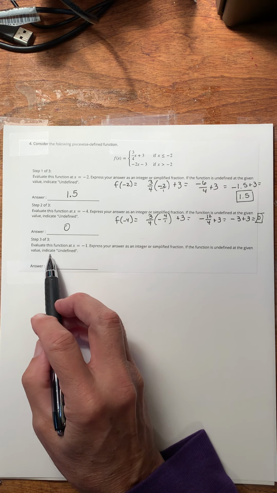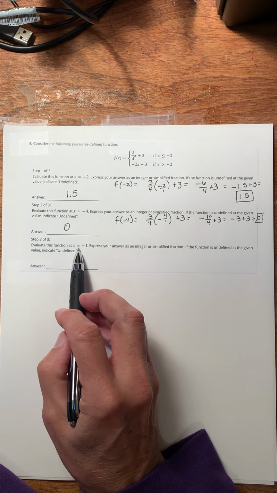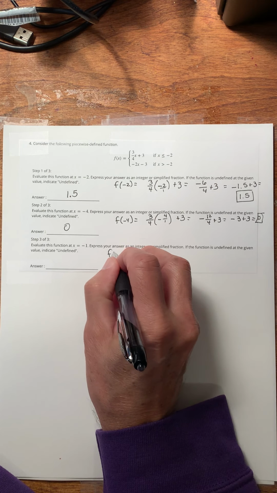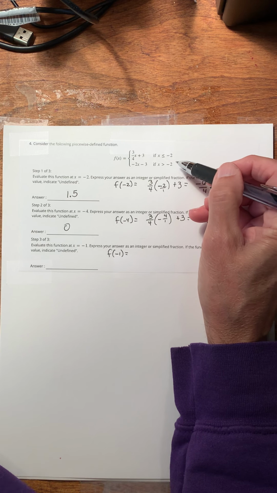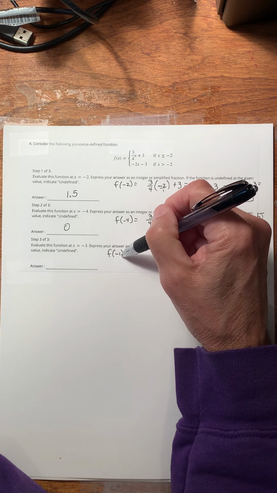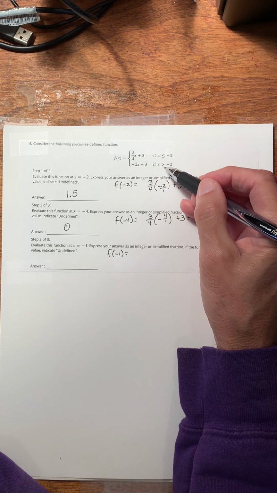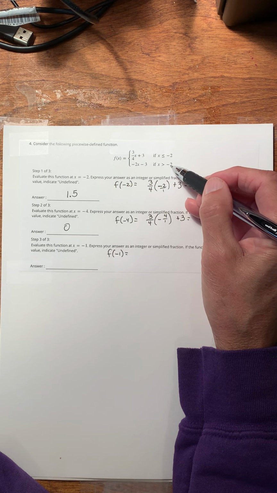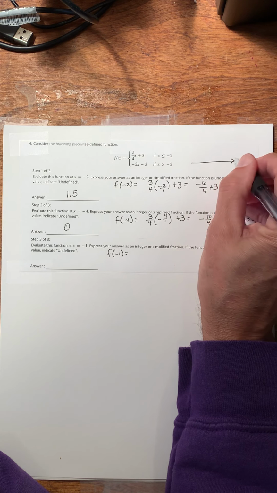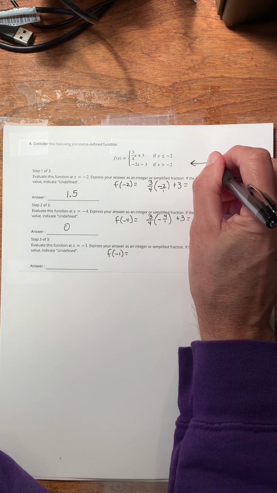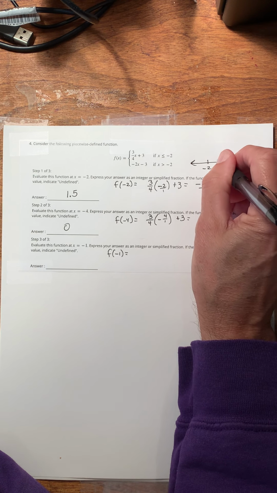All right, how about this guy? X is negative 1. I want to find f of negative 1. Again, which piece of the function defines it? Negative 1. Is negative 1 greater than negative 2? It doesn't seem like it is, but it is. Think about it on the number line. Here's negative 2. Here's negative 1.